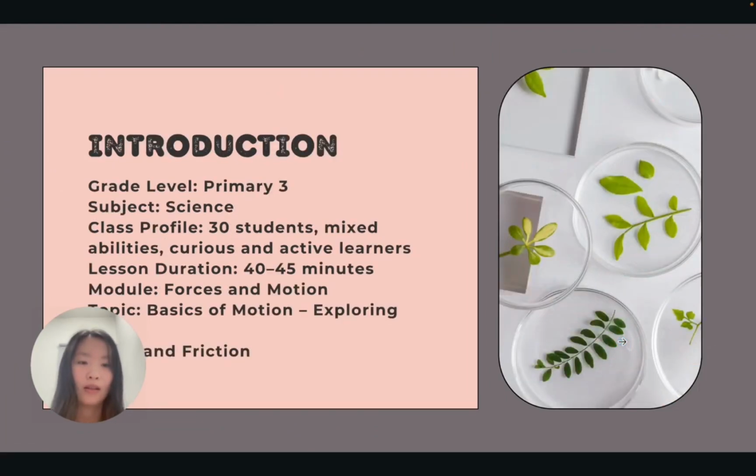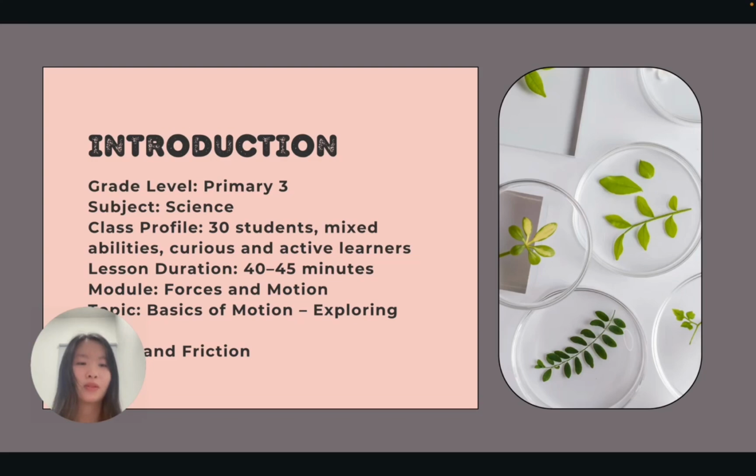This lesson is designed for a primary 3 class with 30 students who have mixed ability, are active, and are naturally curious. The lesson duration is around 40 to 45 minutes, and the science module focuses on force and motion.